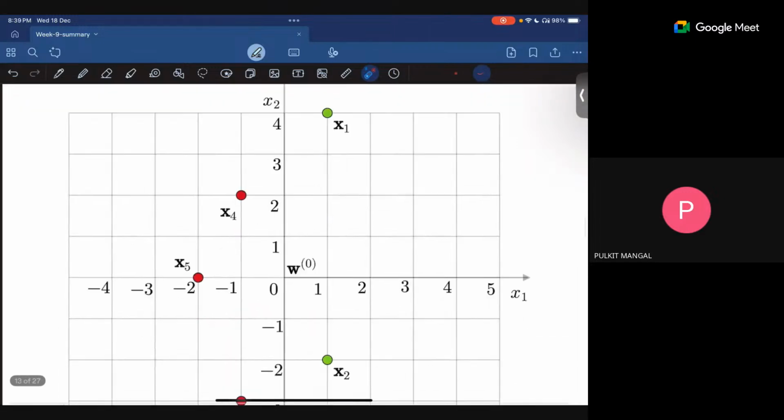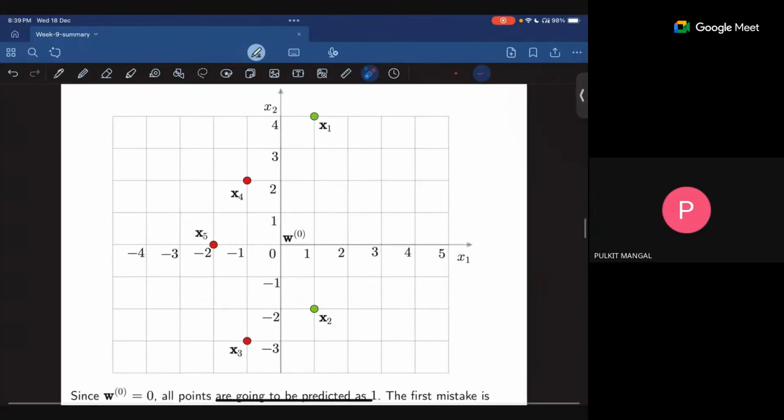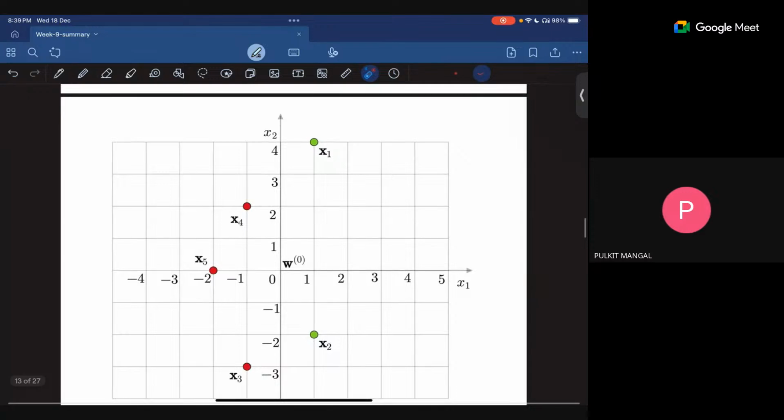If we first plot the data points, this is how they are given. X1, X2 are the positive class, or the green class, and X3, X4, X5 are the negative class, or the red data points. One can see that the data set is linearly separable with some margin.